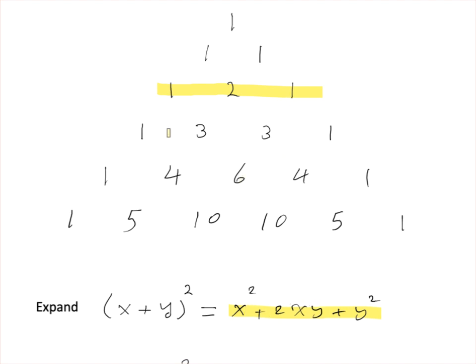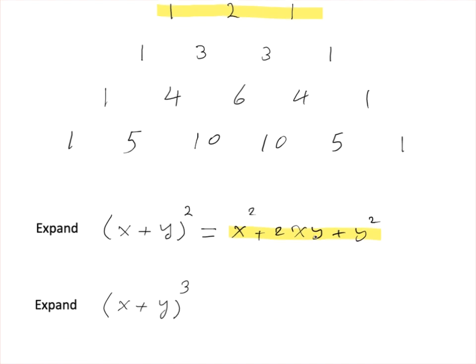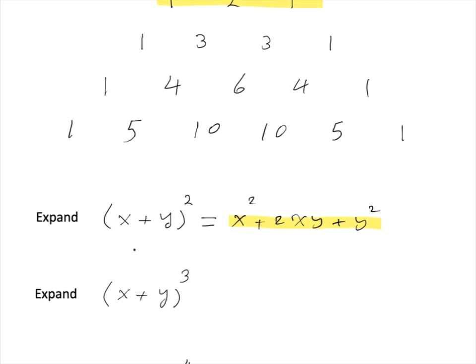We know this from the FOIL method that you did for multiplying 2 binomials. In this case, this is x plus y times x plus y. Let me write it this way, putting the coefficients in there: 1x plus 1y.